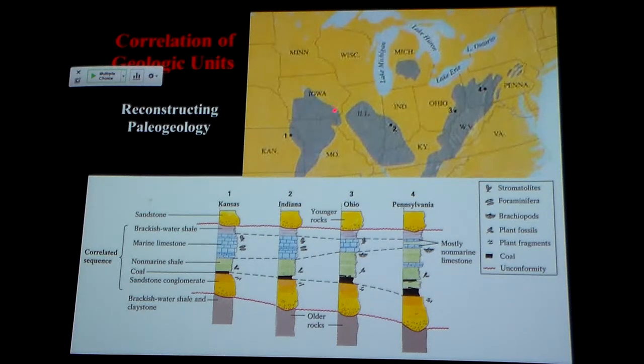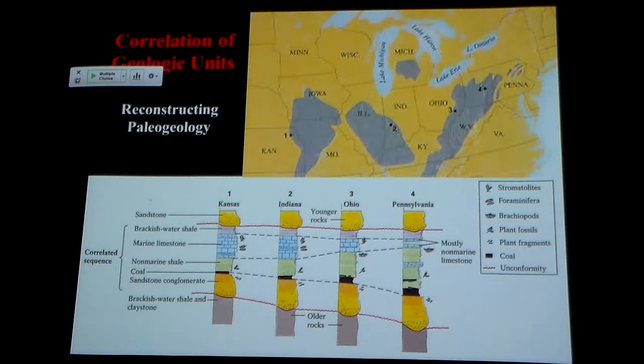So we can look at wells that are drilled in these different basins, and we can get a sense of what was happening. And you can see here the Appalachian Basin was the deepest and had the most depositional development. And the Ohio, Indiana, and Kansas ones were all a little bit shallower.